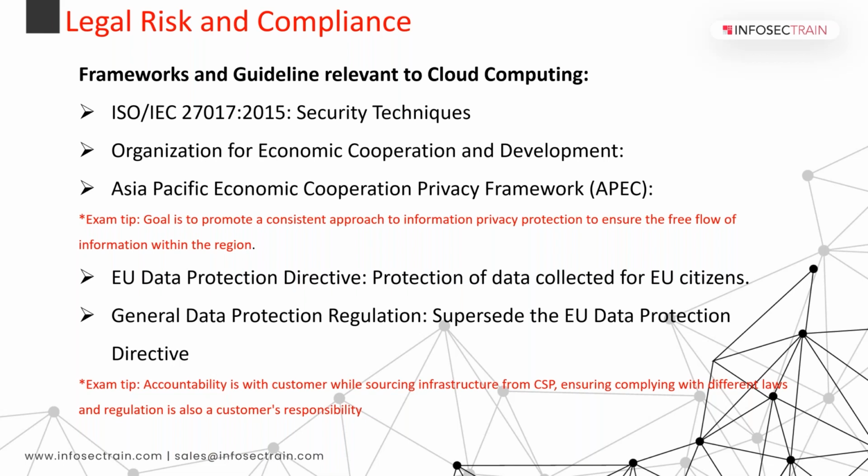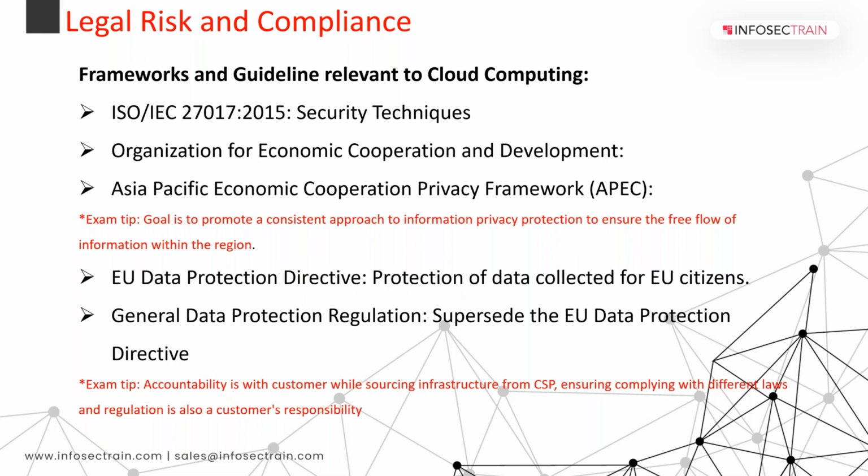Because what we always say is that accountability of the security is always with the CSP from an infra perspective. But that has to be properly documented in the contract, because the ultimate security responsibility for the data always lies with the customer.